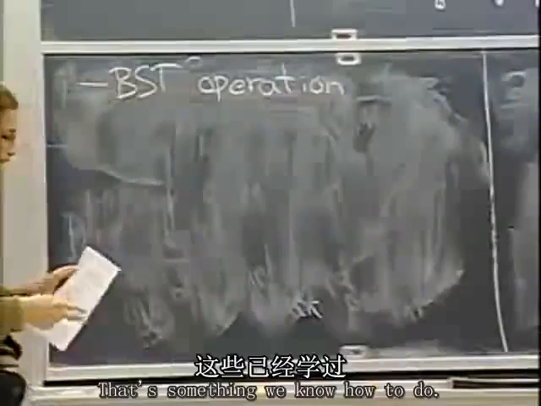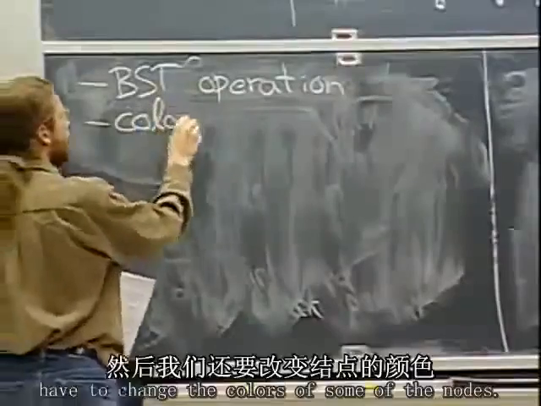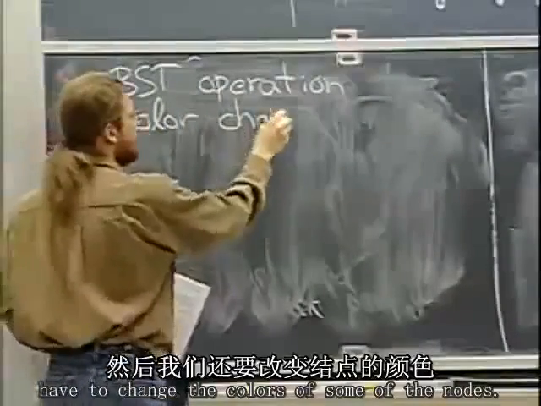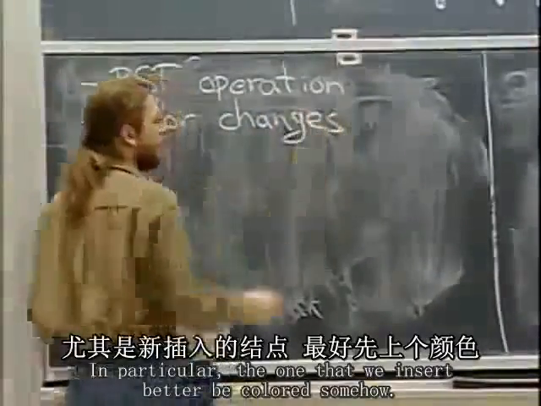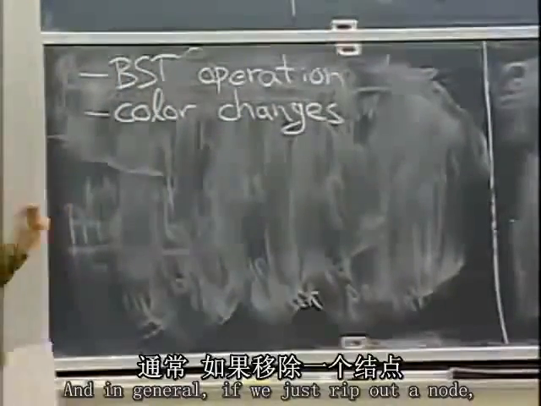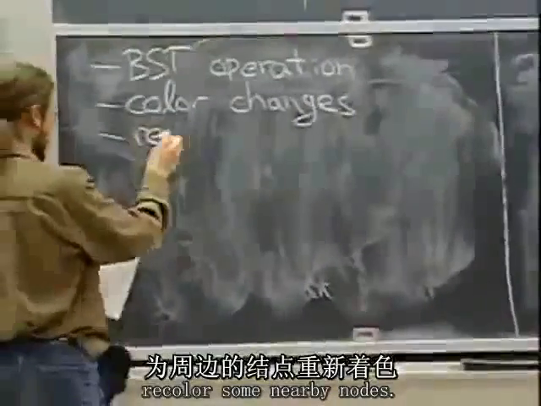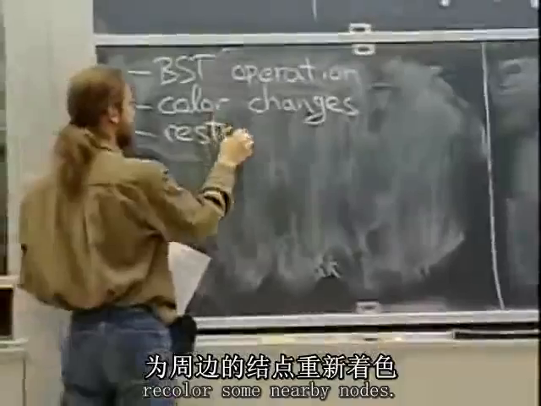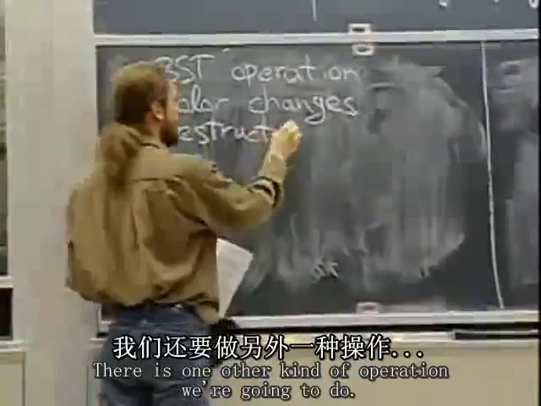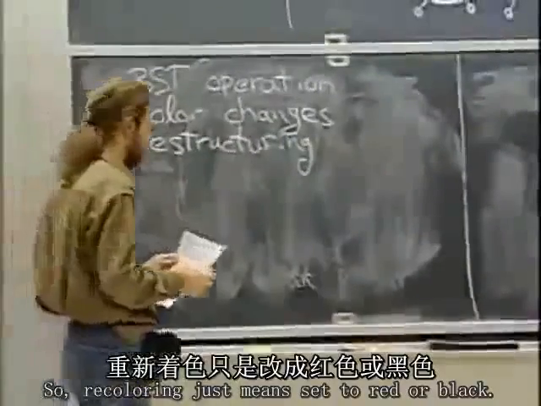That's something we know how to do. Let's just do it. We're going to have to change the colors of some of the nodes. In particular, the one that we insert better be colored somehow. And in general, if we just rip out a node, we're going to have to recolor some nearby nodes. There's one other kind of operation we're going to do. So recoloring just means set to red or black.